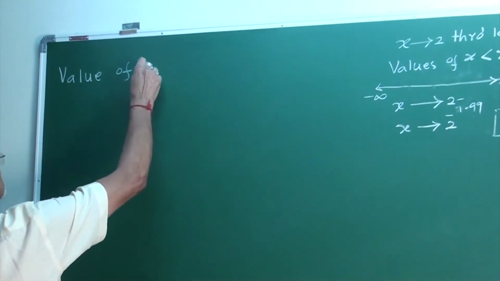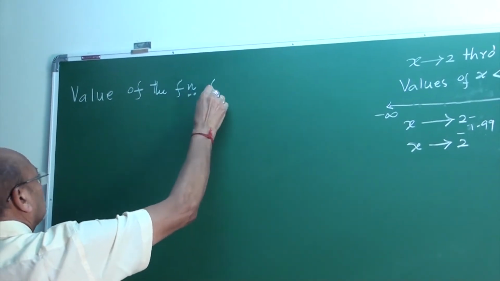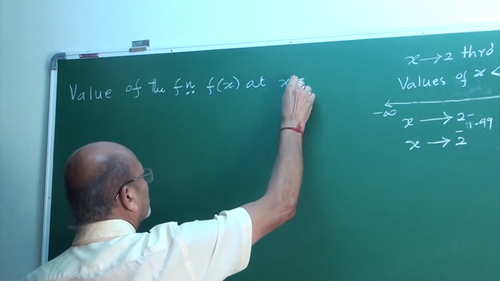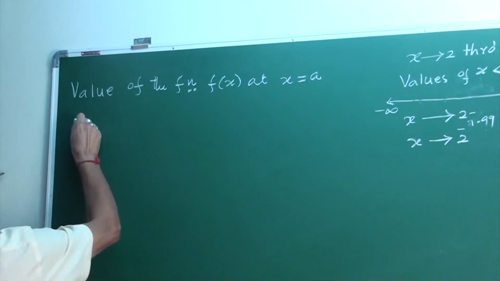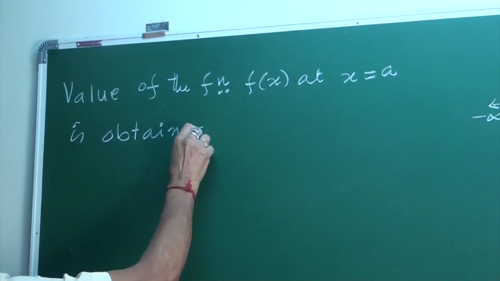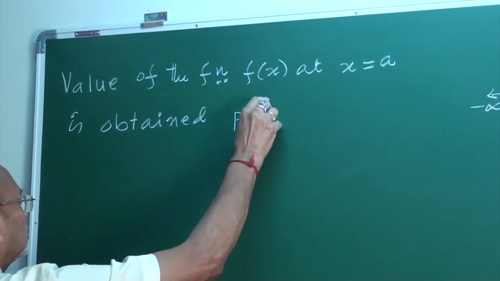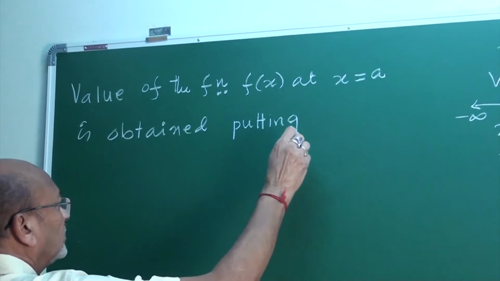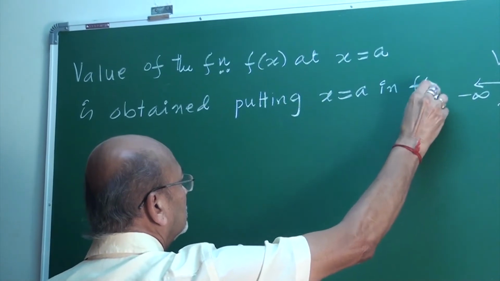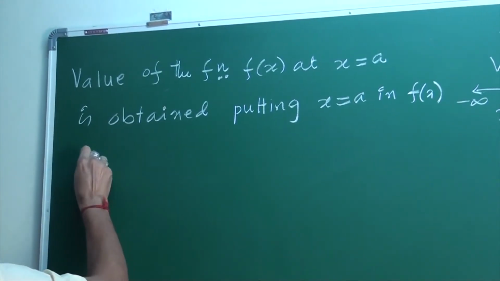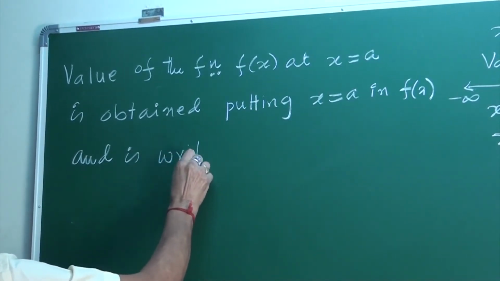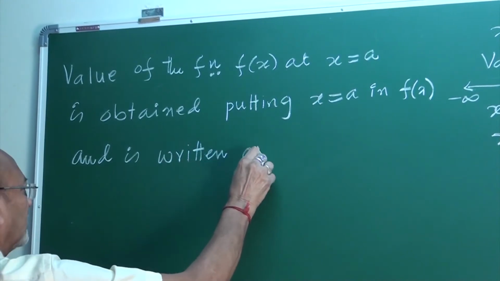Definition. Value of the function f(x) at x equal to a, that is, at the point x equal to a, is obtained by putting x equal to a in f(x) and is written, or denoted, as f(a).